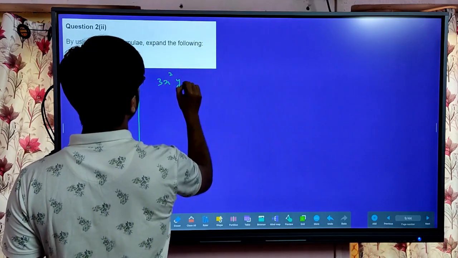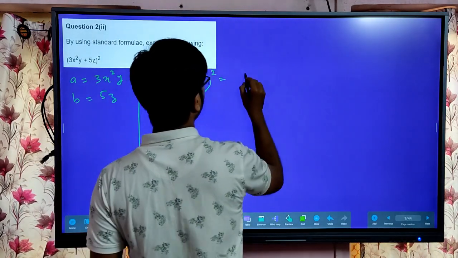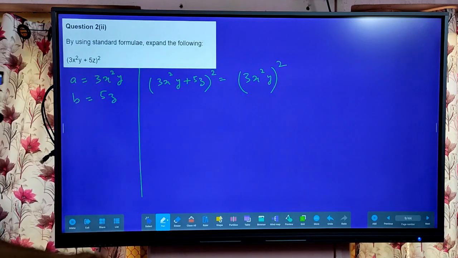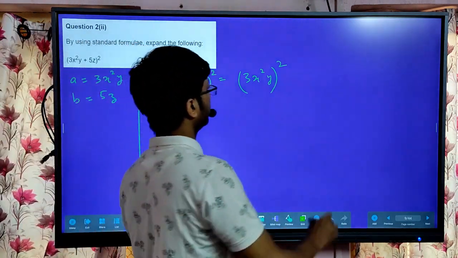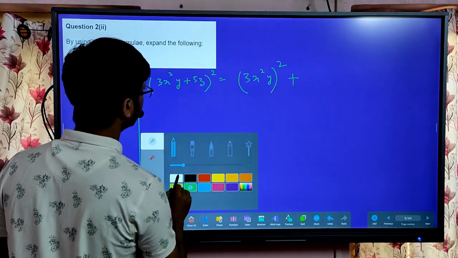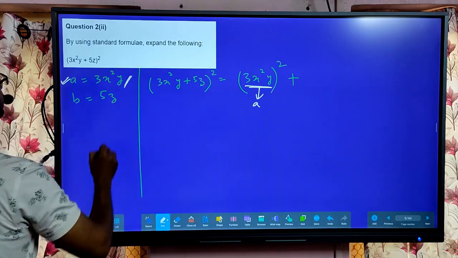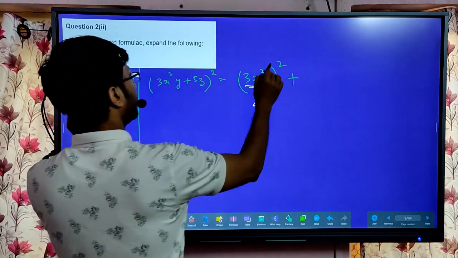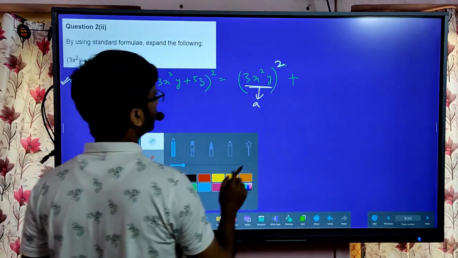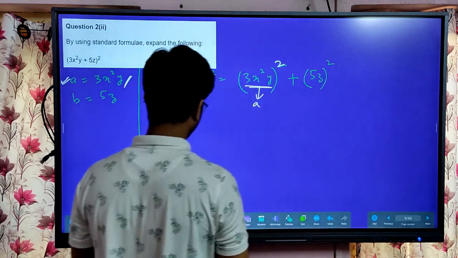(3x square y + 5z) whole square will be equal to 3x square y, this entire thing is your a, plus a square plus b square. So please understand this thing, this 3x square y will be your a as I have taken over here. So a square plus b square, b is 5z, so (5z) square, your b is 5z.